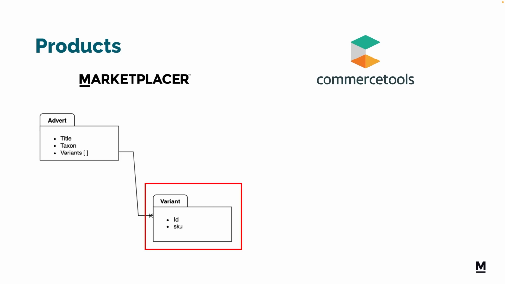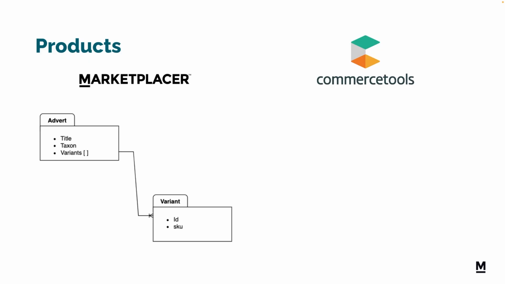It can obviously have more than one variant, but there is a one-to-many relationship from the advert object to the variant object. But the important point to take away from here is when you create an order in Marketplacer, you're actually creating an order using the variant ID. It's the variant that you actually purchase. And the variant will have attributes such as the SKU, barcode, the inventory position, that type of thing, okay?